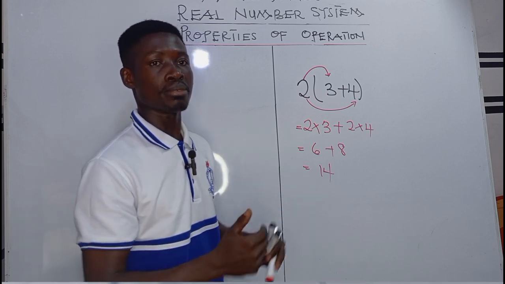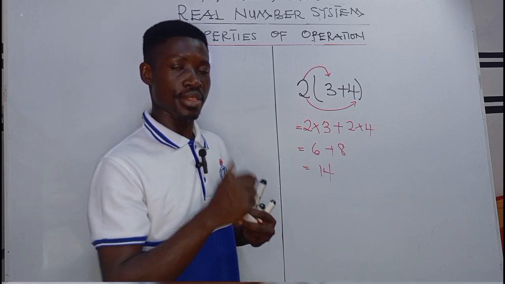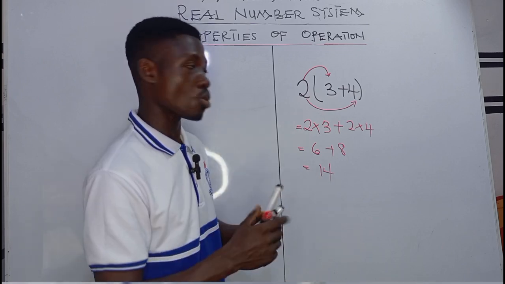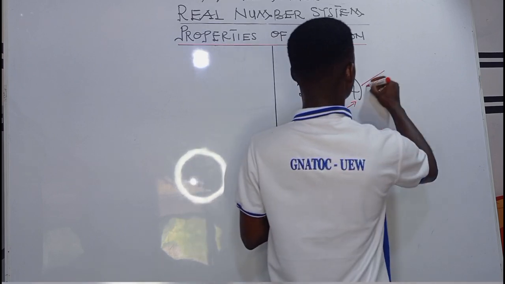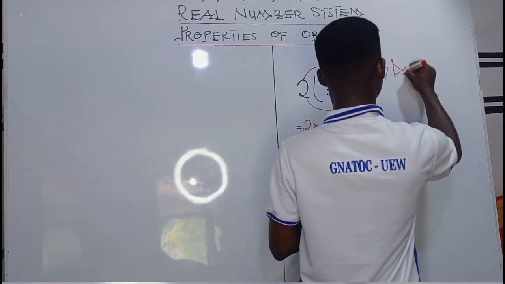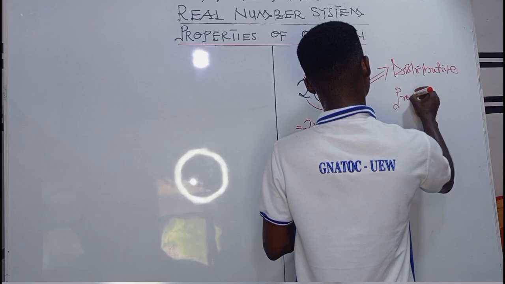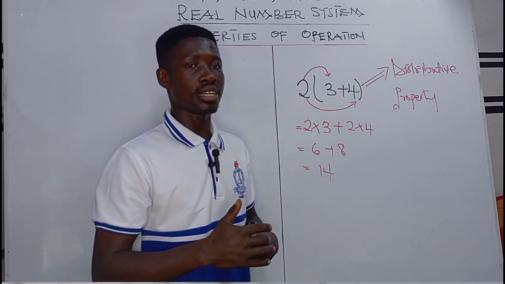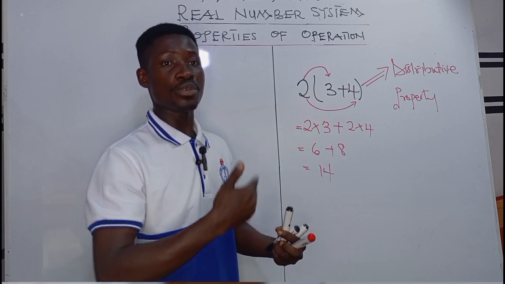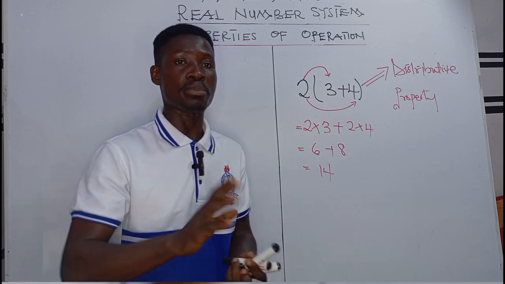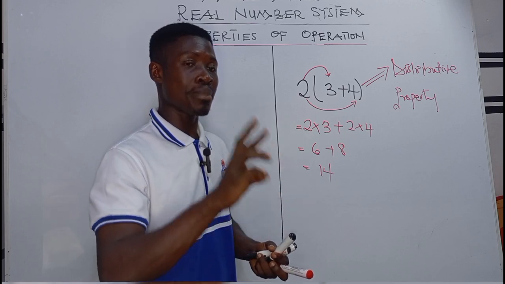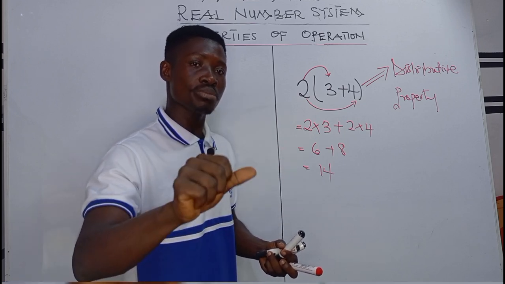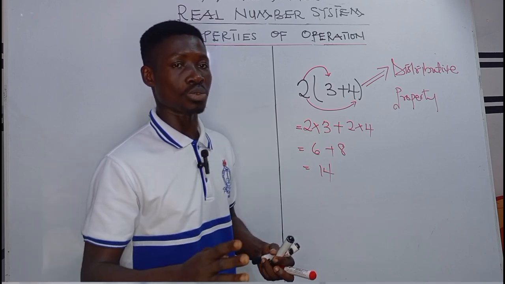Now, the expansion and the removal of the bracket is backed. It is supported by a certain property. And this property that enables us to expand to remove the bracket is called the distributive property. I have been telling my students that any action that we take in mathematics whenever we are performing calculation is backed by rules, laws, properties, theorems, axioms, and so on.